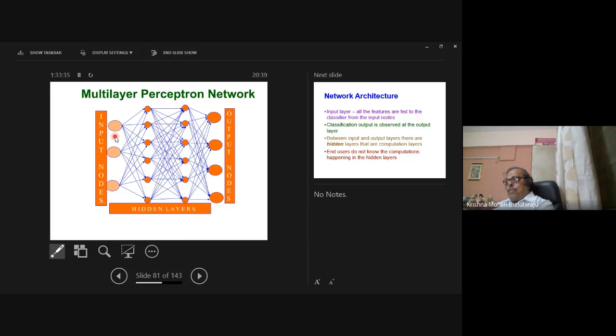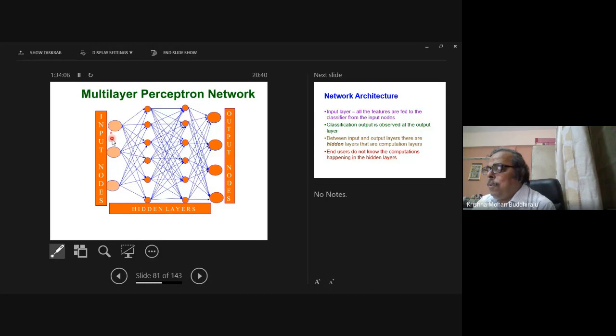Now, what do you do if you have a perceptron, but the data is not linearly separable? In that case, you stack up these neurons or perceptrons in layers, stages. So here you have a partial classification with this step, some more partial classification, and final classification when you come to the output stage.